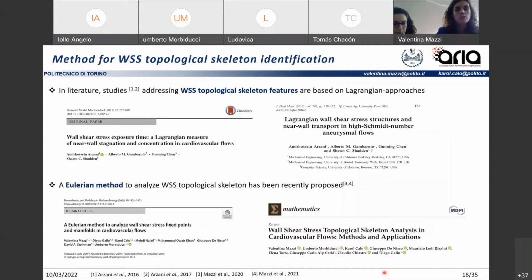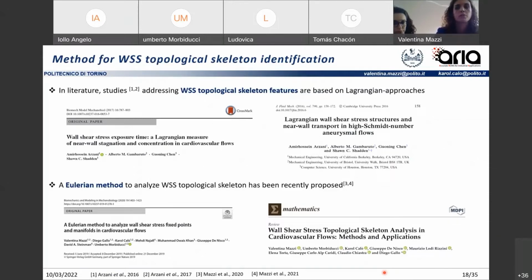So the analysis of the wall shear stress topological skeleton can be performed by using Lagrangian-based techniques. Lagrangian approaches are useful to characterize the global organization of the vector field and its evolution over time.